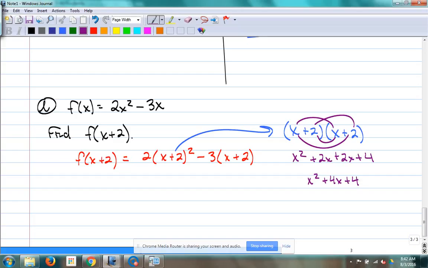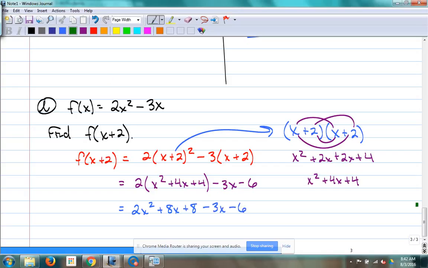Okay? So now we have 2 parentheses, x squared plus 4x plus 4. And then I'm going to go ahead and do the distributive property with a negative 3, because that's what I would normally do if I was working this problem. Minus 3x minus 6. And then the next step would be distributing that 2. That's 2x squared plus 8x plus 8 minus 3x minus 6.